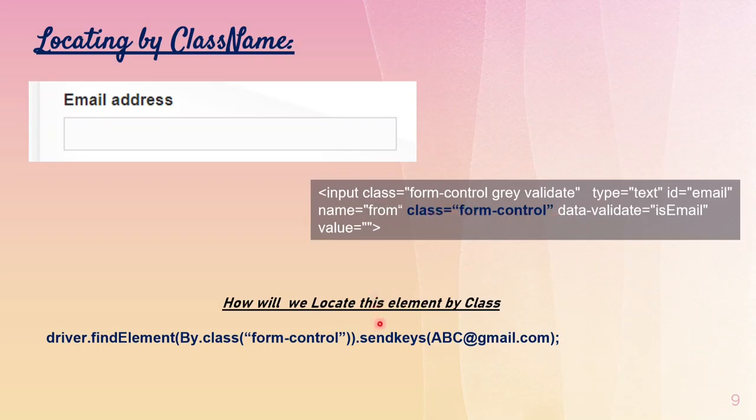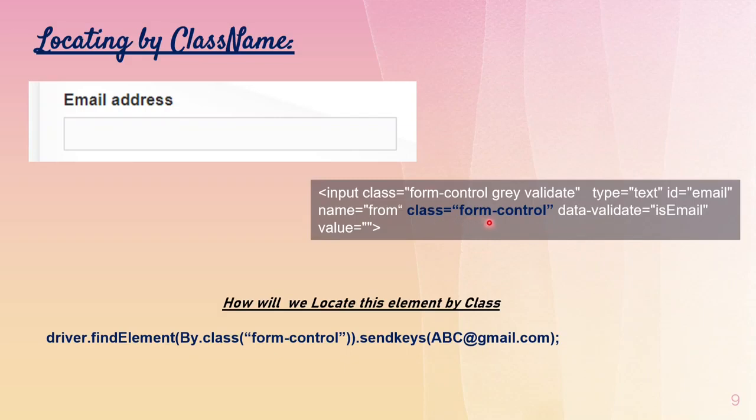So how are we going to locate by class? Simply write driver dot findElement by dot className form control, sendKeys and whatever value you want to send. It's similar to ID and name; there's no such difference. But the class name value, form control, can be the value of multiple elements on a web page.